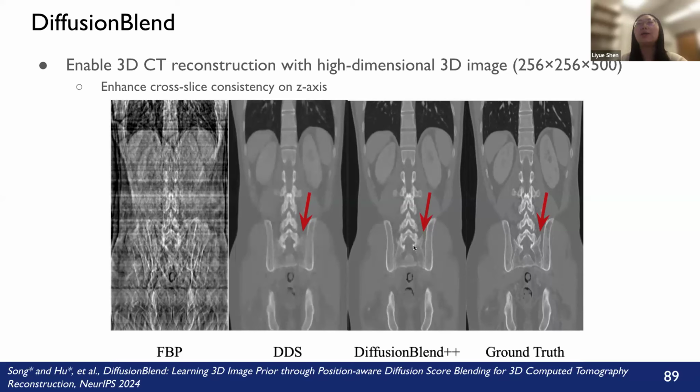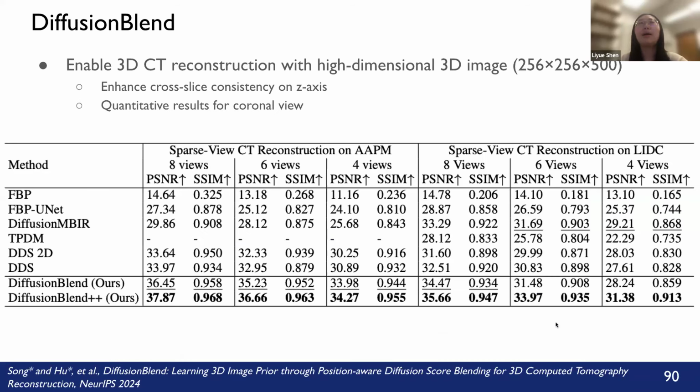But if we use cross-slice learning in the score function, it further helps improve the cross-slice consistency over the z-axis. And there are more quantitative results compared to the previous state of the art in 3D diffusion. For now, I think we are achieving the state of the art in 3D medical reconstruction using diffusion as a prior.